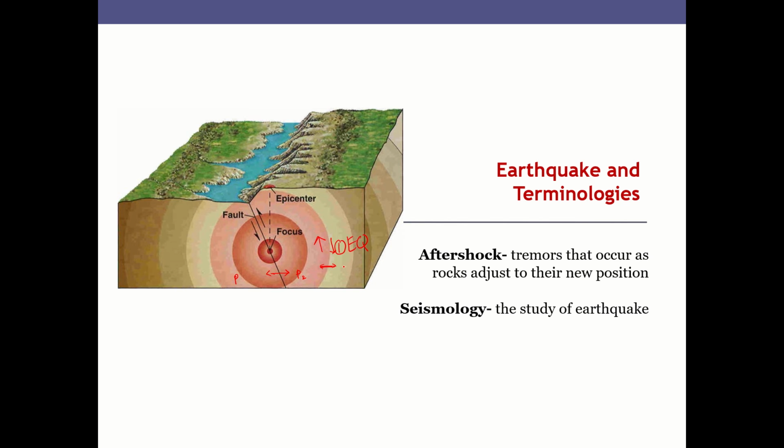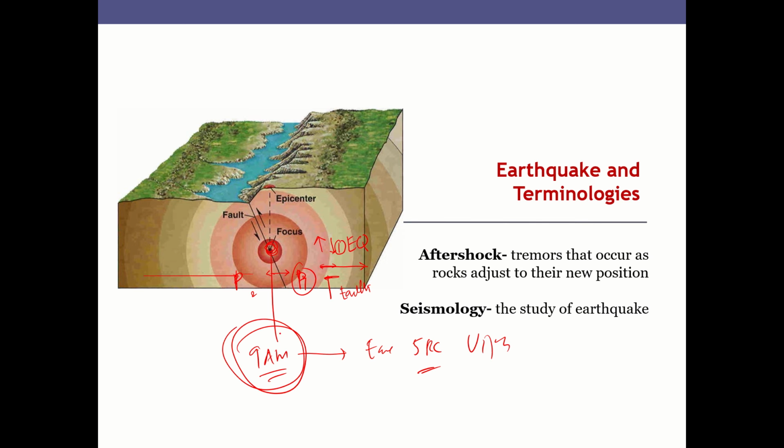And we also feel tremors after the major one. Maybe I'm confusing, I guess. Let's say there is a collision between tectonic plates 1 and 2, and as a result there is some release of energy. At a given point of time, let's say 9 a.m., we say that we have recorded an earthquake of 5 on the Richter scale in Vijayawada. And it's specific to the time.